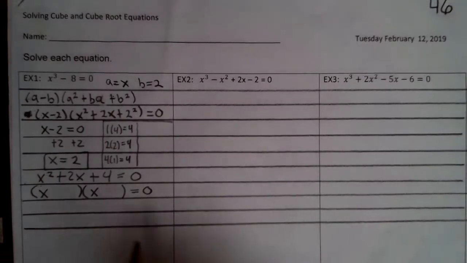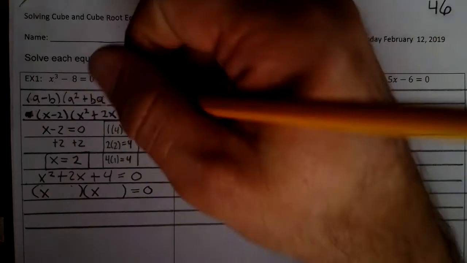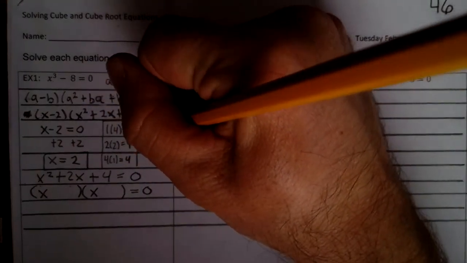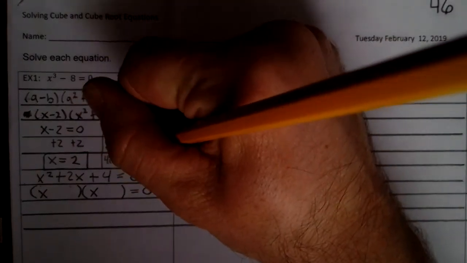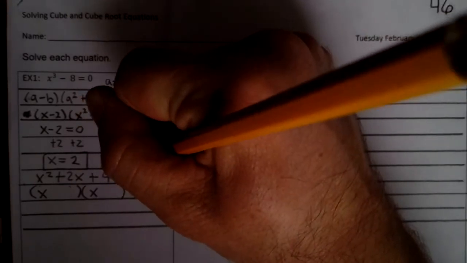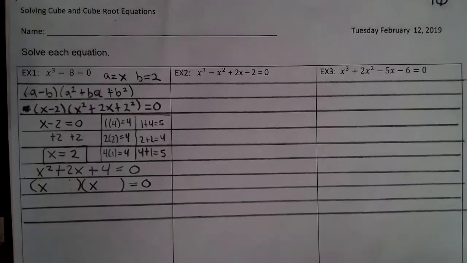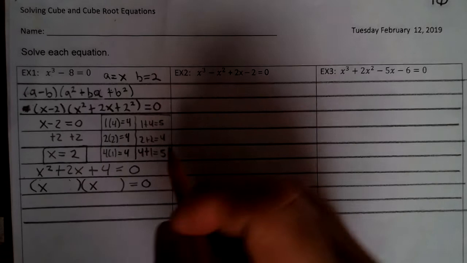Okay, now we need to find the combination that combines to be 2. Well, 1 plus 4 is 5. 2 plus 2 is 4. 4 plus 1 is 5. Well, since none of those combinations work, then we can say this is not factorable.